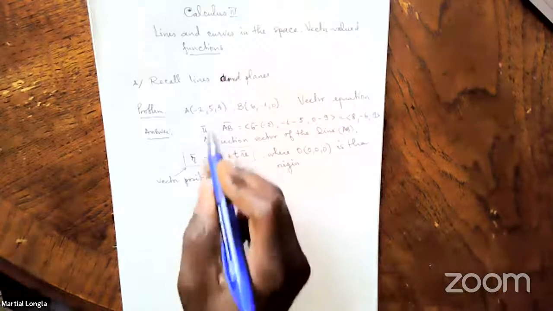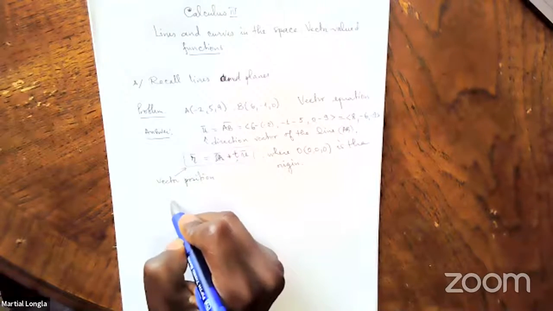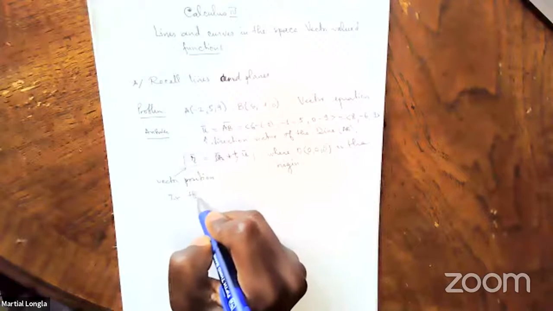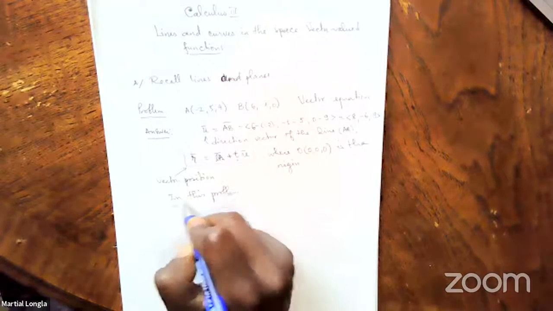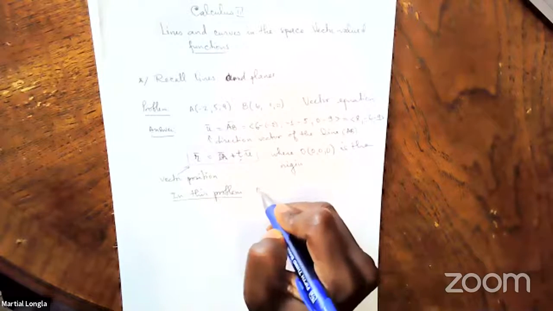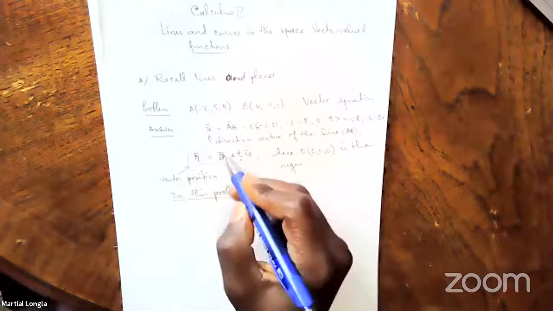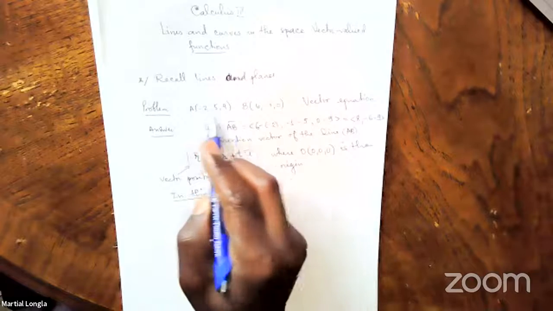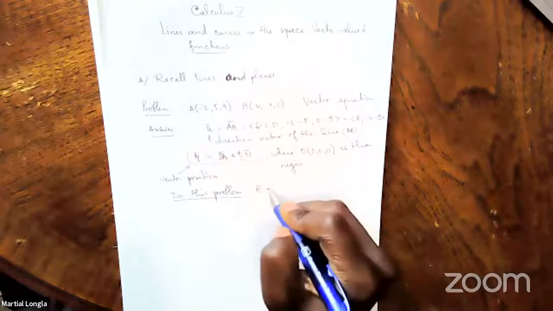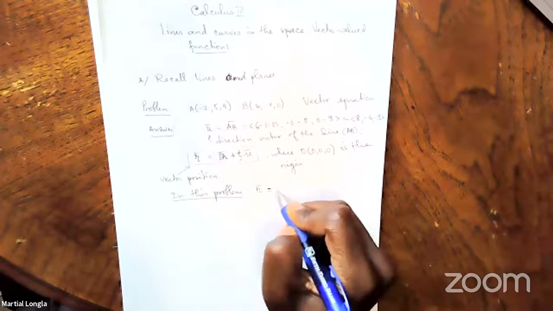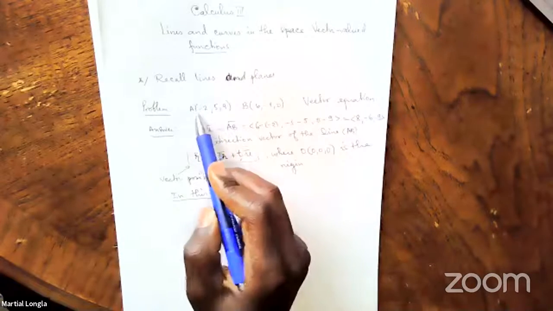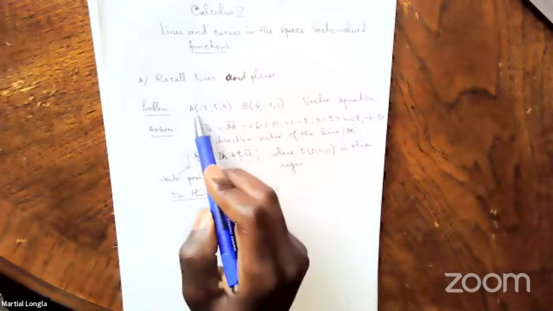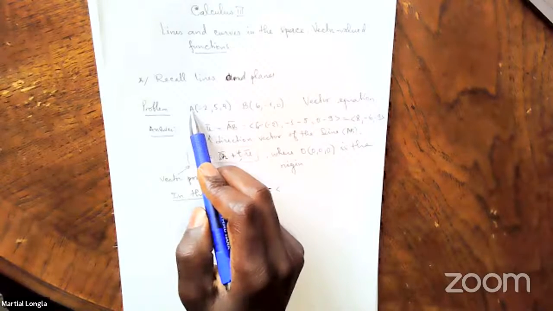So here in this problem, we are going to have R equals OA is exactly what you see here, but you put that as a vector. Notice that these kind of parentheses indicate the coordinates of a point.